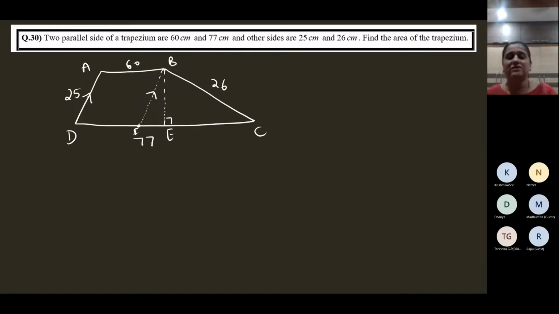Somebody repeat the construction. Raja, tell me the constructions. How will you explain BE?